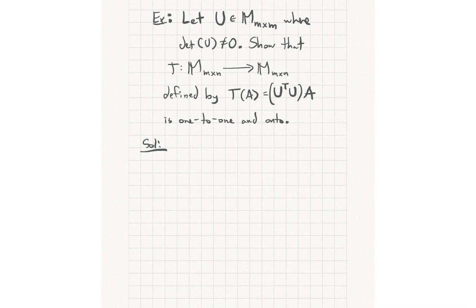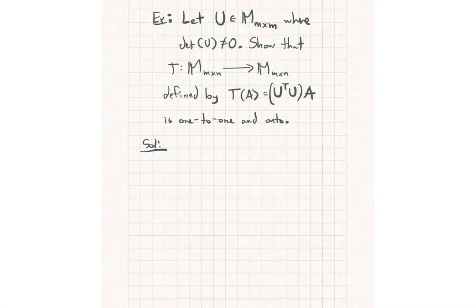So this function goes from m by n matrices to m by n matrices. And the way it works is we pick some invertible matrix that's m by m, and for any matrix we put into our function, it just multiplies it by U transpose U.